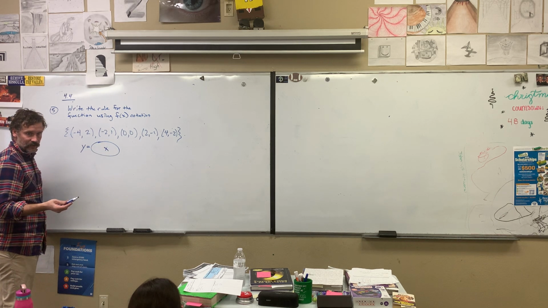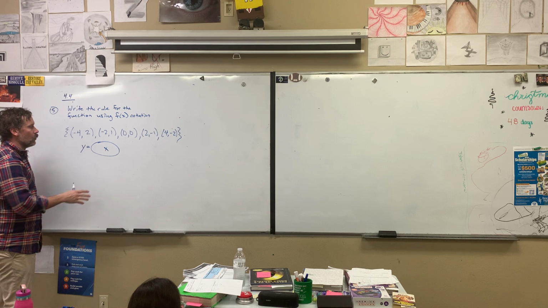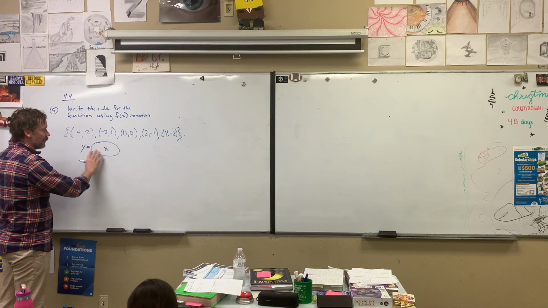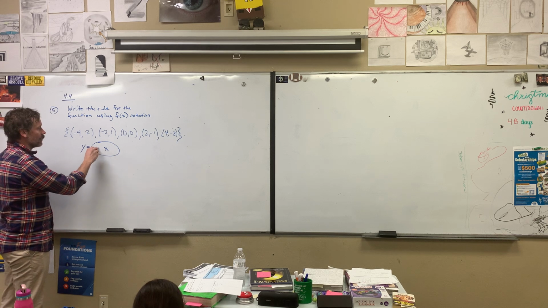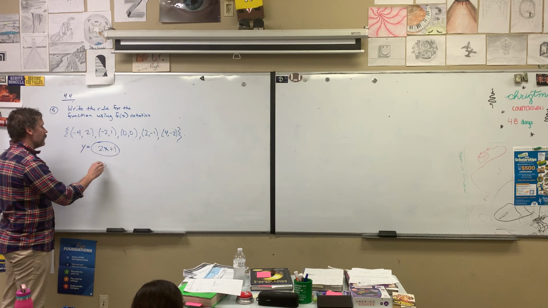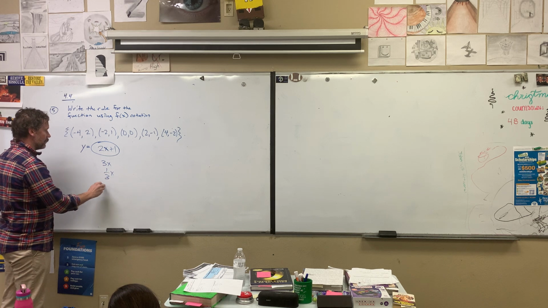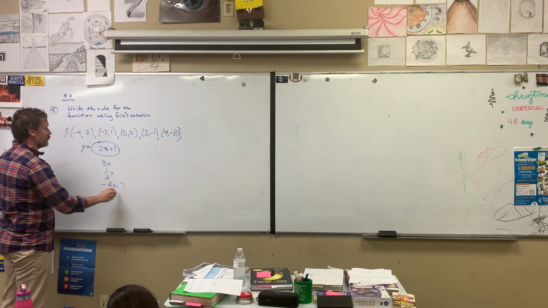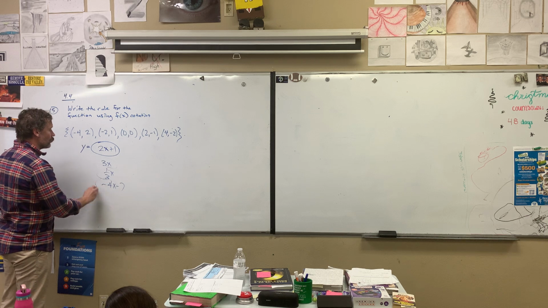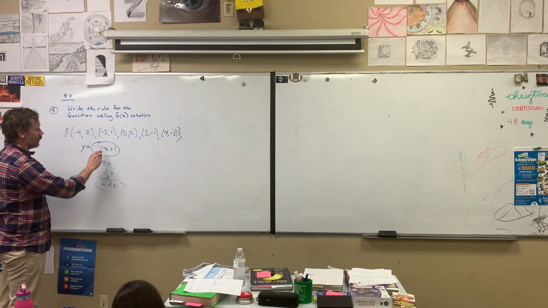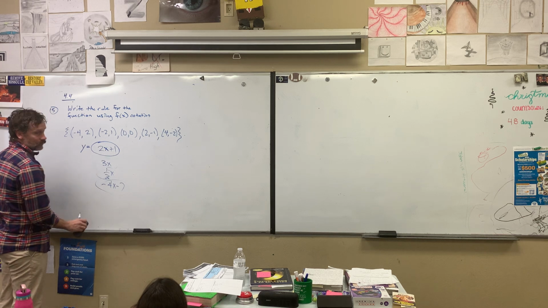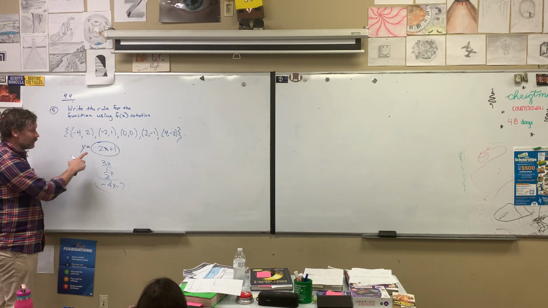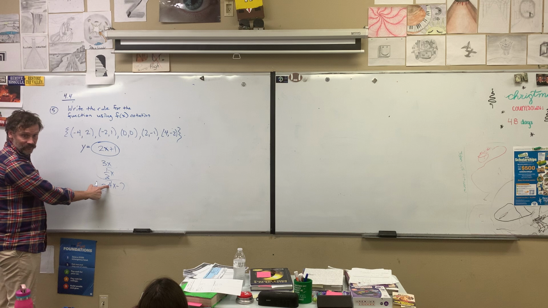It could look like 2x plus 1. It could look like 3x. We had 1/3 x. It could be -4x minus 7. Those would all be rules. Now, the question is, are any of those correct rules for what's going on? The answer is no. But when we're done, it'll look something like this.